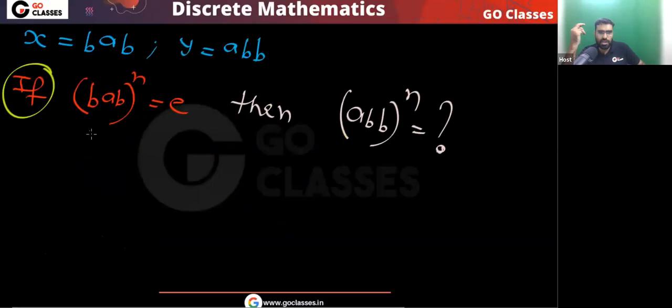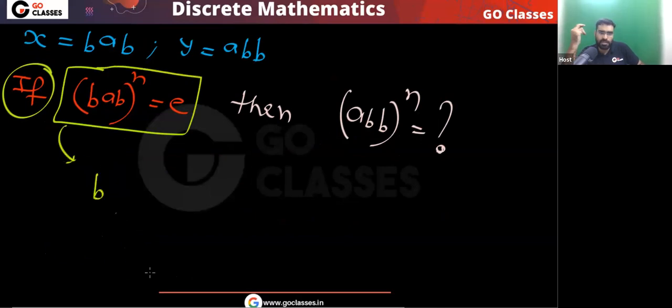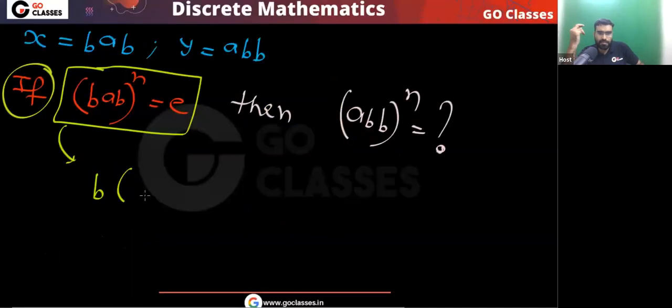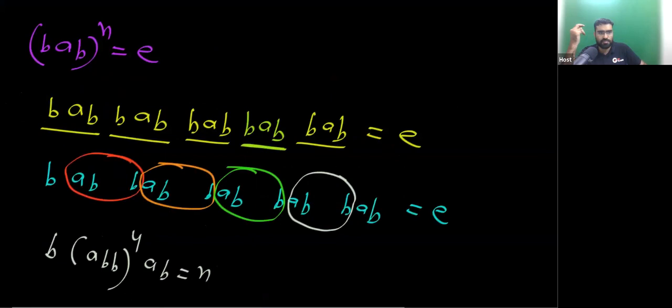So basically, I'm suggesting that if this happens, then from here you will get B, then ABB power N minus 1, and then AB. This is equal to E. You are going to get this.